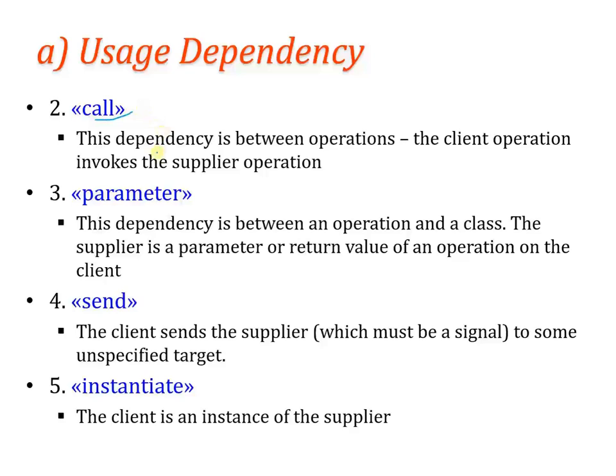This is a dependency between two operations. For example, class A may have an operation whose description is present in class B. So the client operation invokes the supplier operation.